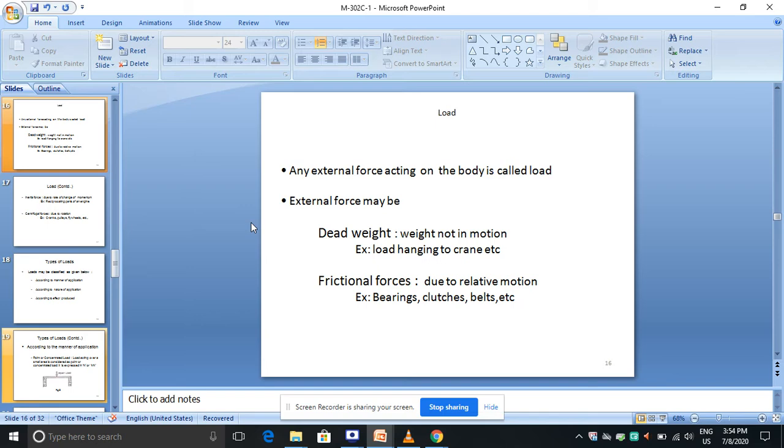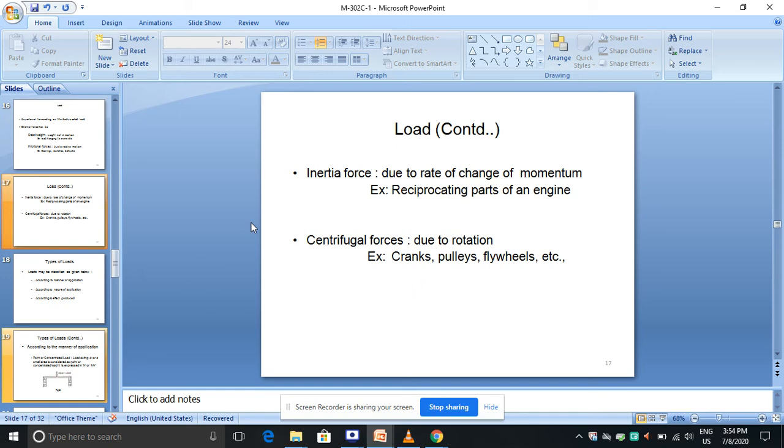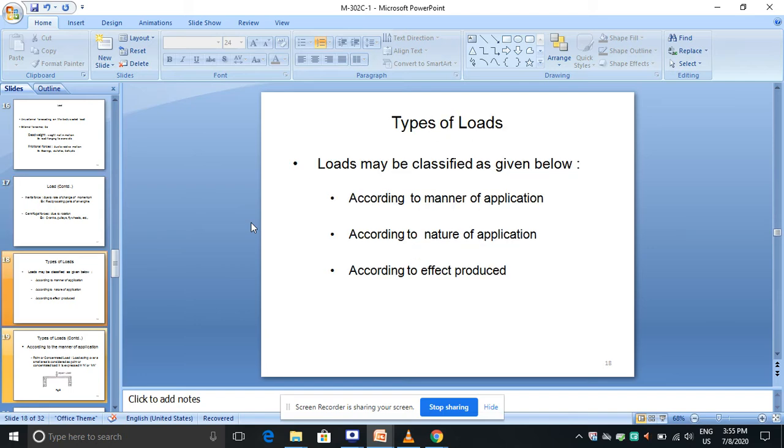Frictional forces are generated due to relative motion between two or more parts. Inertia forces are due to rate of change of momentum. Example, reciprocating parts of an engine: piston, crankshaft, connecting rod all come under inertia forces. Next, centrifugal forces are due to rotation, as in cranks, pulleys, flywheels, etc.